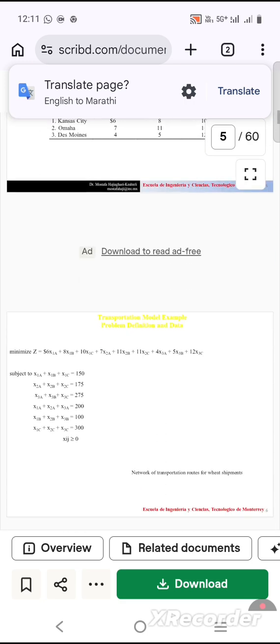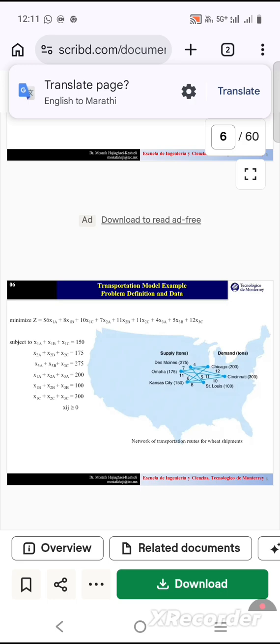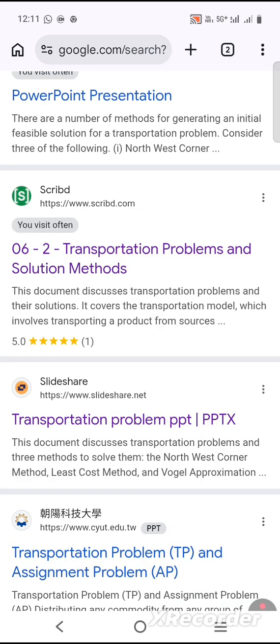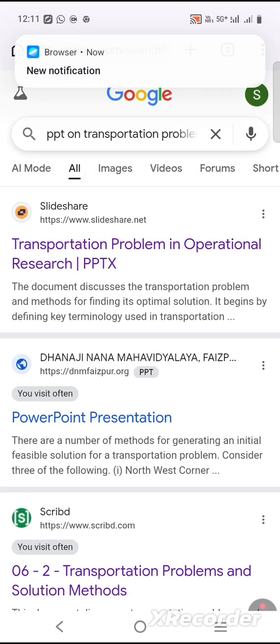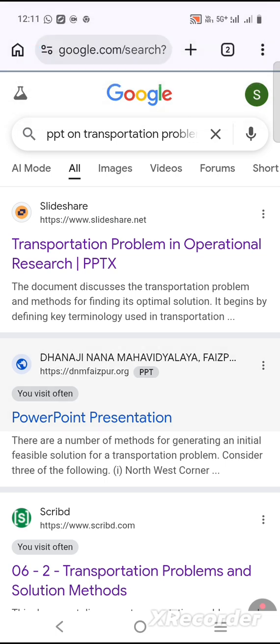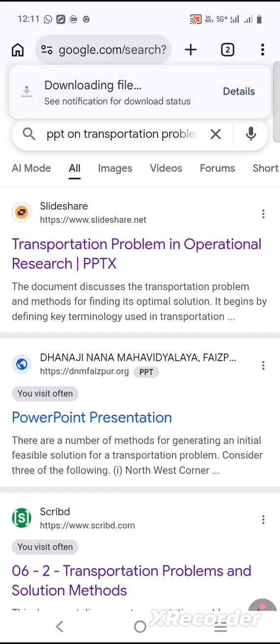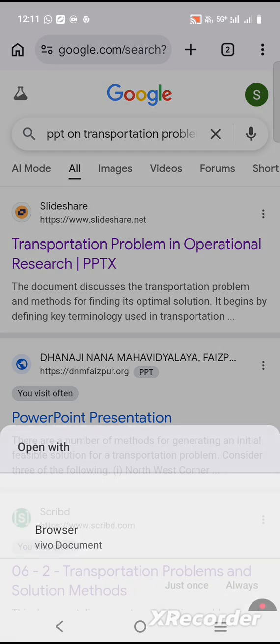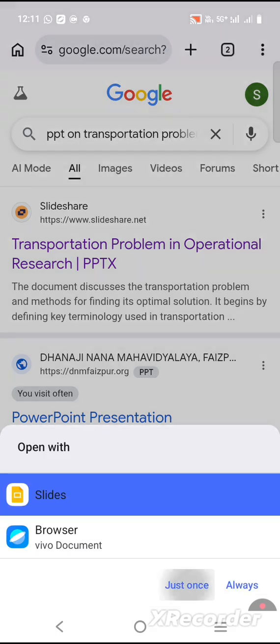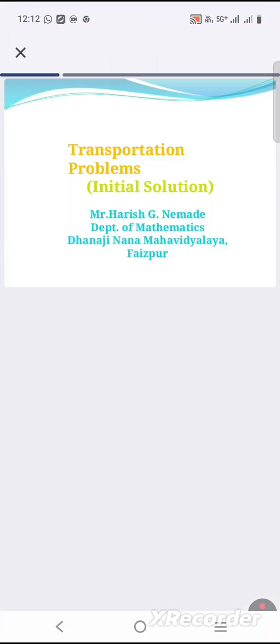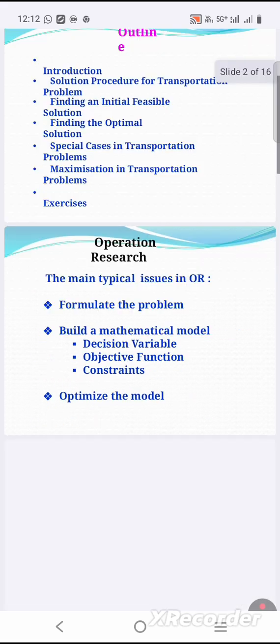We have seen the basic definitions of the transportation problem, such as feasible solution, objective function, and unbalanced transportation problem.